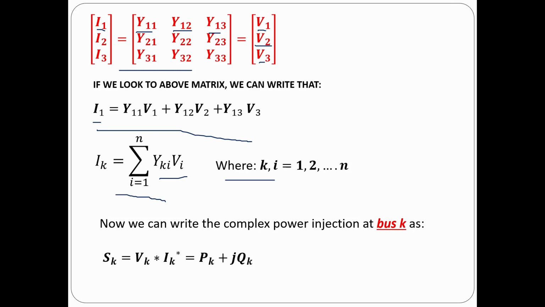For example, if we have bus k, then the current injection is Ik and the voltage is Vk. So the complex power equation is Sk is equal to Vk times the conjugate of Ik, also equal to Pk plus jQk.